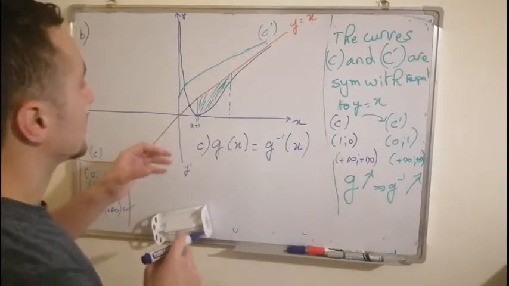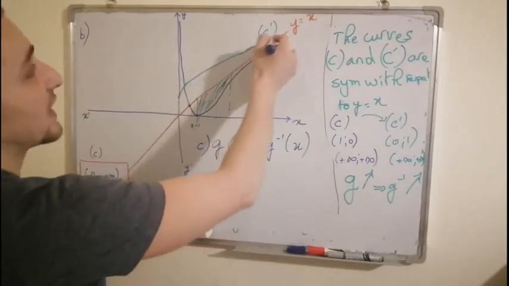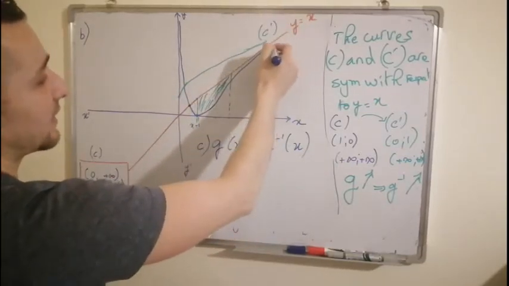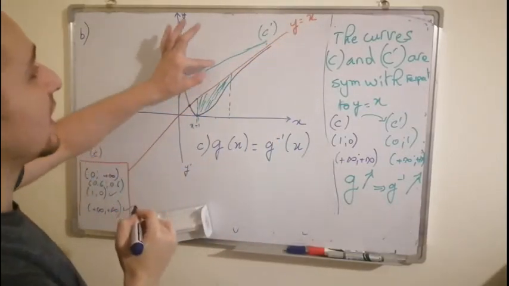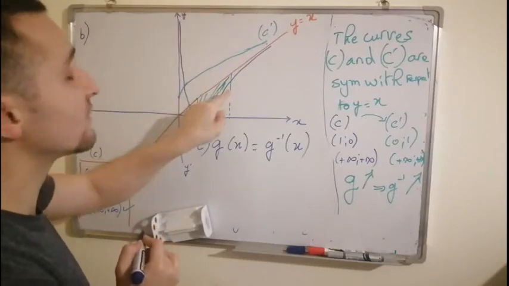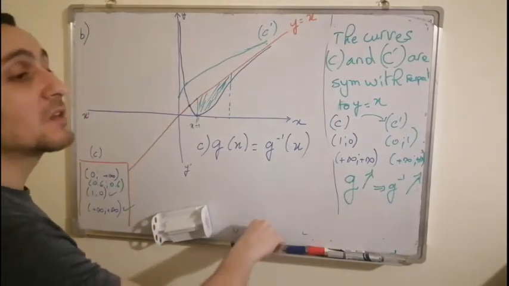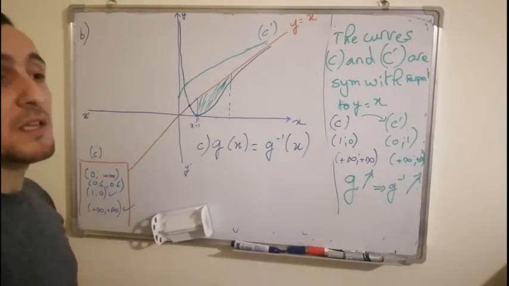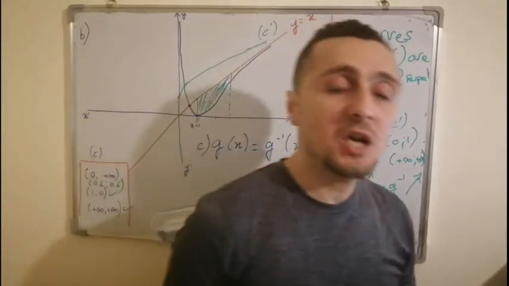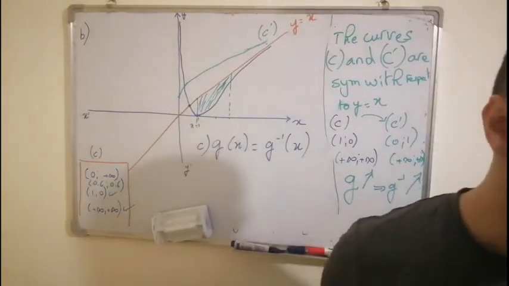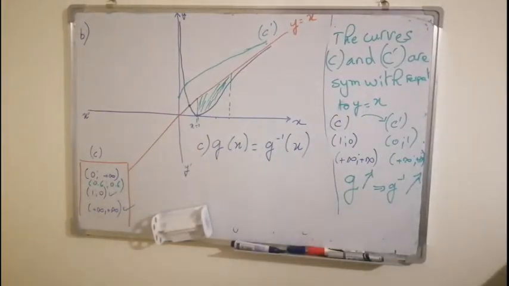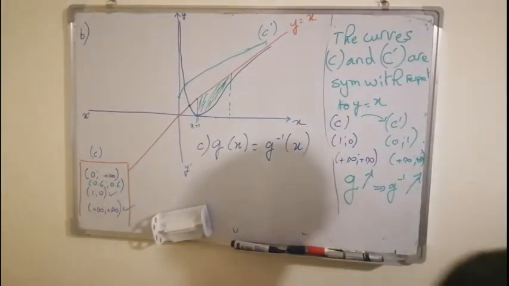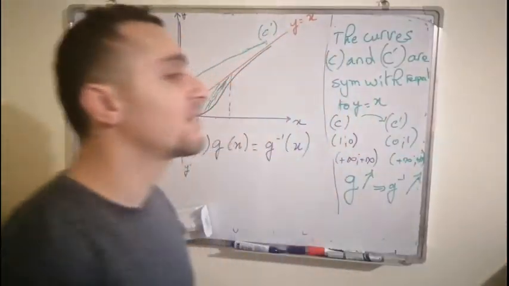We remark that the curve C prime and the curve C, the curve in green and the curve in blue, don't intersect. So the equation g of x equals g minus 1 of x doesn't have any solution.